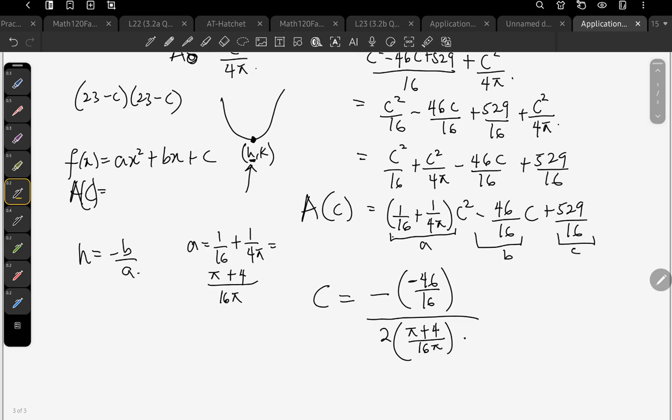And that's basically the answer we are looking for, the circumference in centimeters.